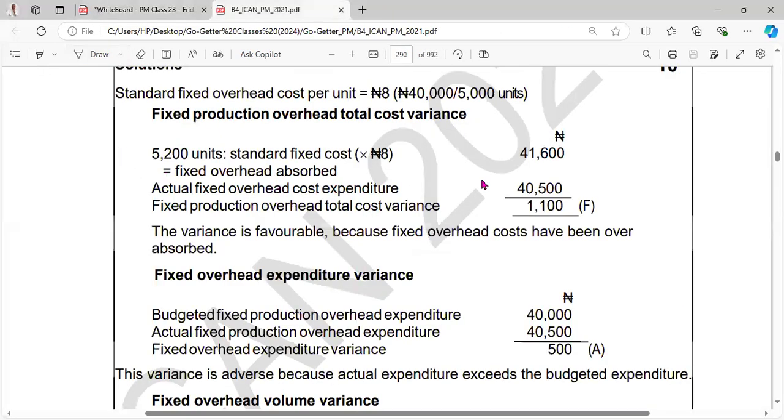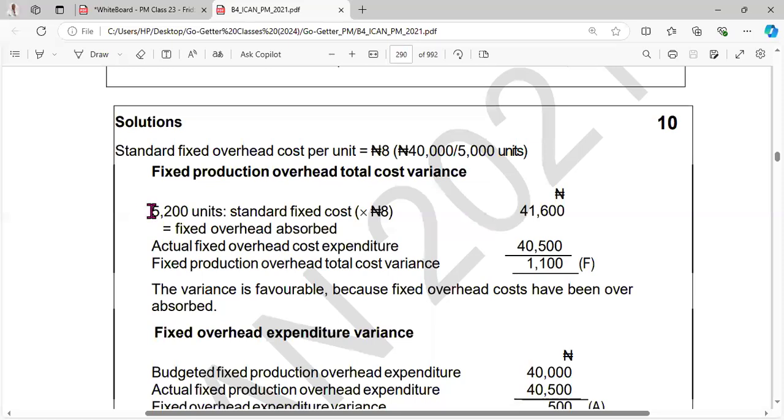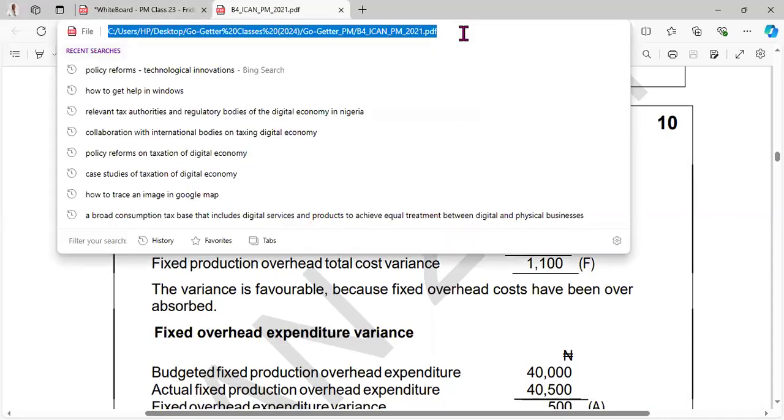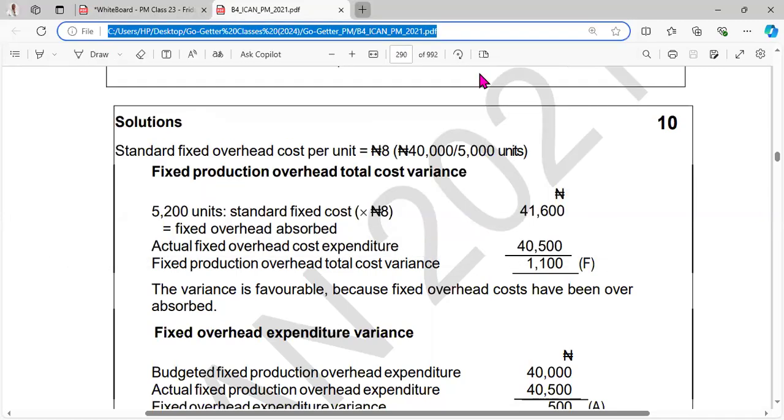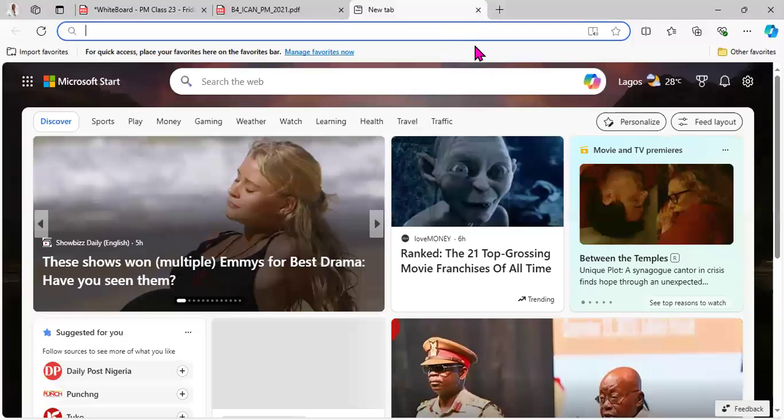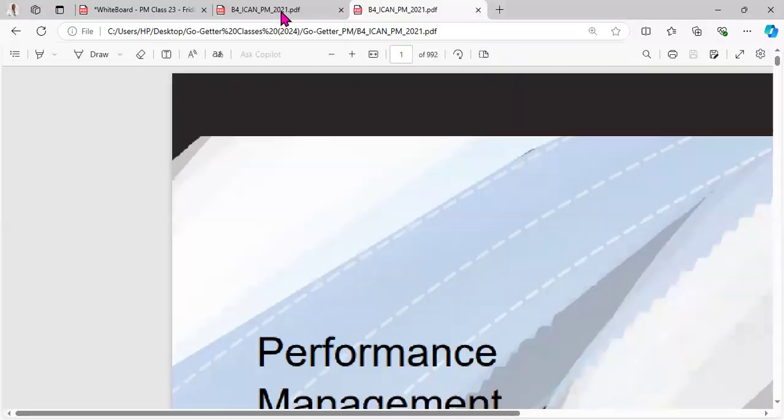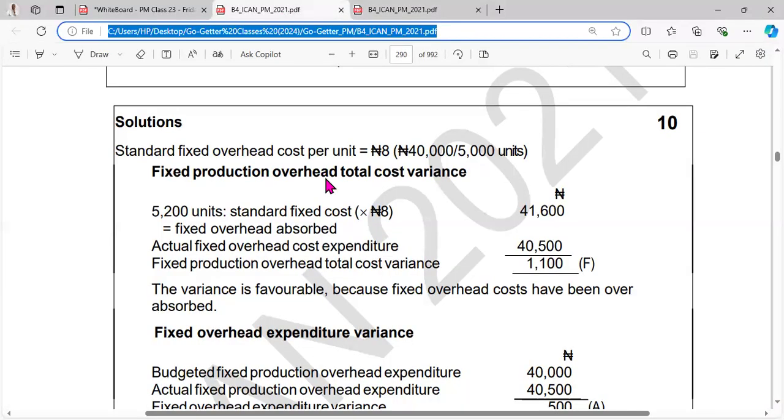Fixed production overhead variance, 5,000 units, 5,200 units was what was budgeted. Let me get a second instance of this so that we can see what it is here.